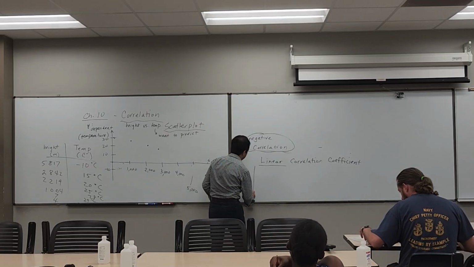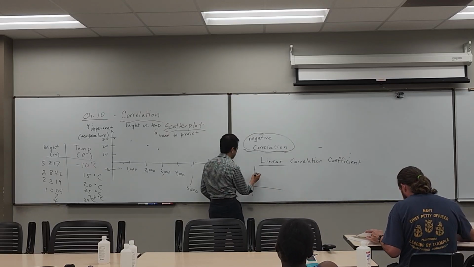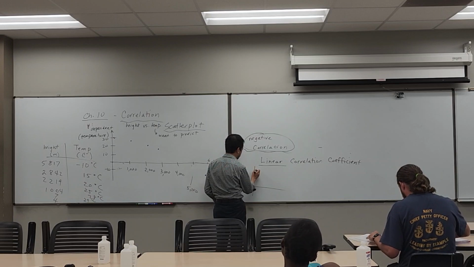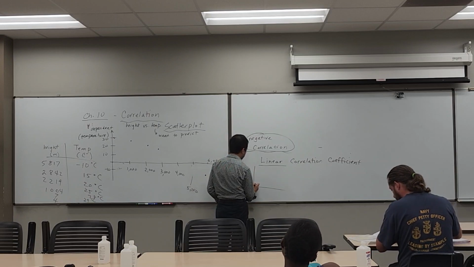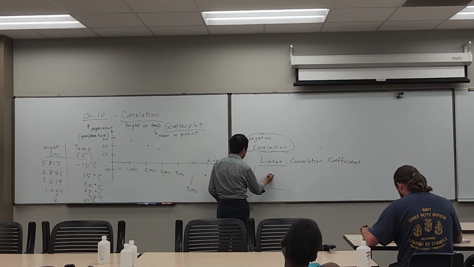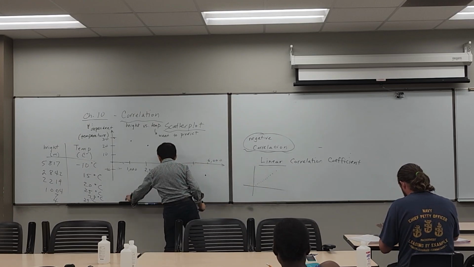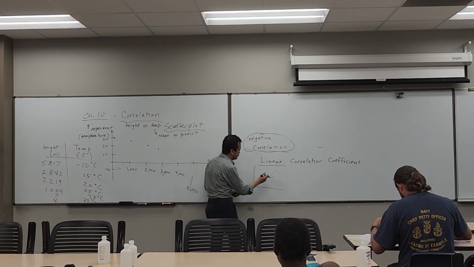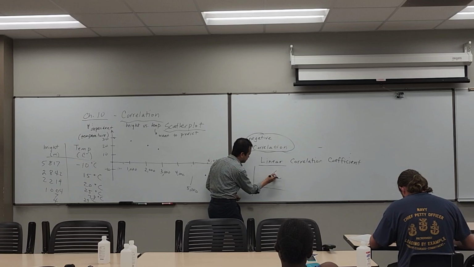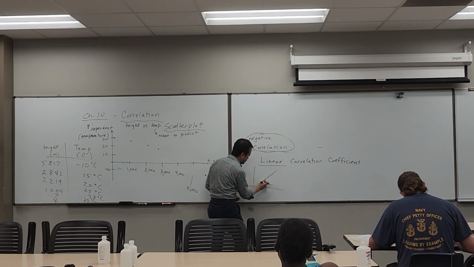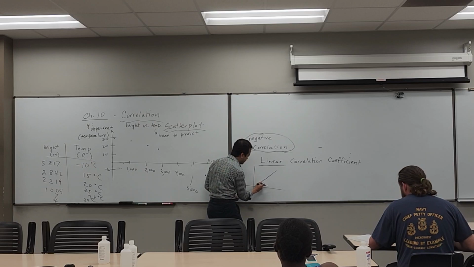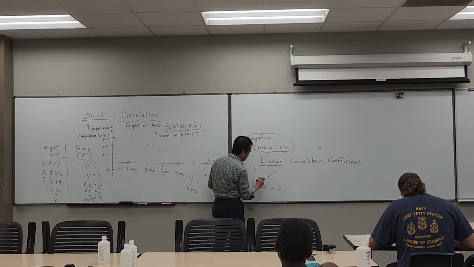So let's say that you have data points, and it turns out that you can fit a perfect straight line through the points. So the best straight line that you can fit turns out to be a perfect straight line that goes through every single point.